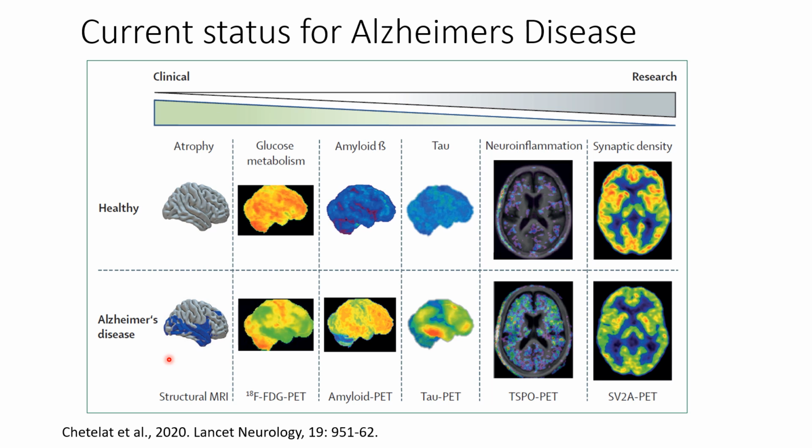Then you have the FDG PET and the glucose metabolism that's sometimes really helpful in giving direction in this. And then, of course, amyloid PET and tau PET and the other radiopharmaceuticals are also under clinical investigation. So amyloid PET and tau PET are really being researched and will become more and more clinically available for this disease.